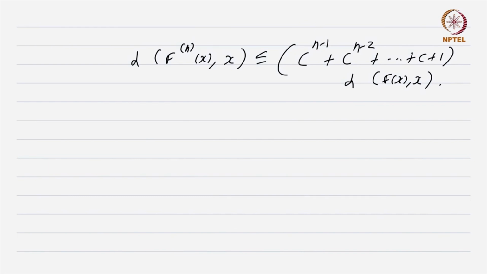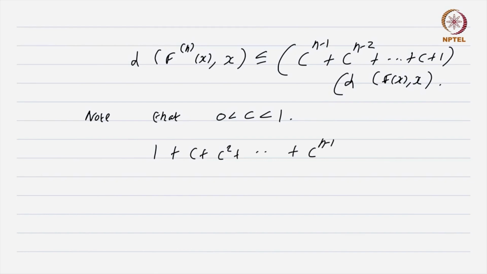Now note that 0 is less than c is less than 1, and from this it follows that this series 1 plus c squared plus dot dot dot c^(n-1) is a geometric series, and this will converge to a quantity. When you take the limit n going to infinity, this will just converge to 1 by 1 minus c. It's a convergent geometric series.